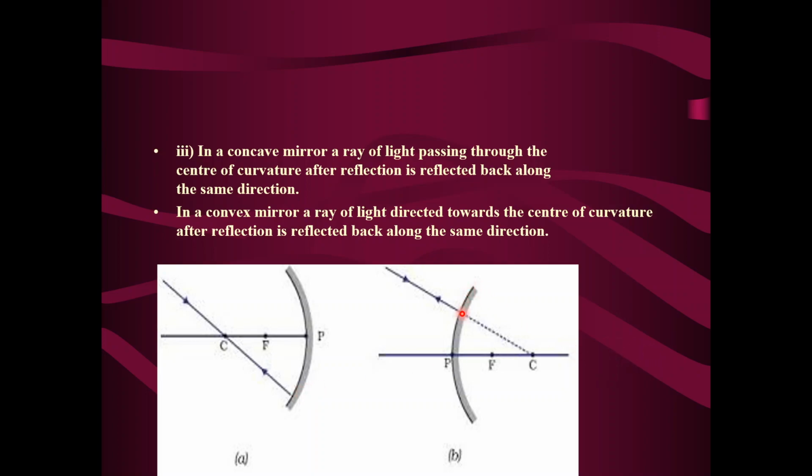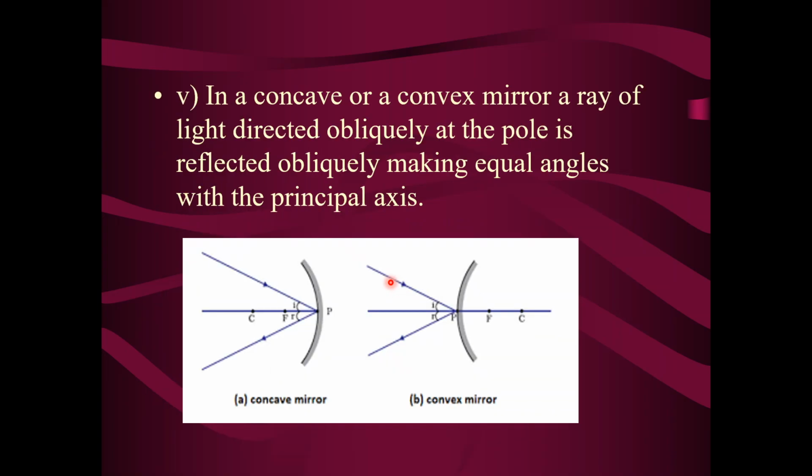Here also, in the convex mirror, the light rays appear to pass through the center of curvature, so it will also retrace its path. Another rule: in a concave or a convex mirror, when the ray of light is falling obliquely on the pole of the mirror, it reflects obliquely, making equal angles with the principal axis.